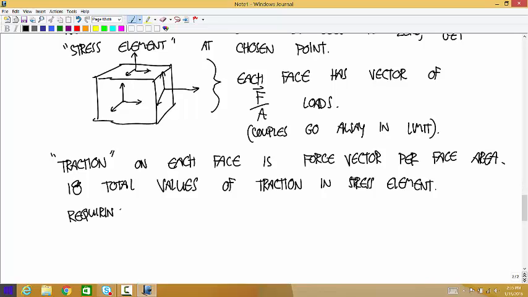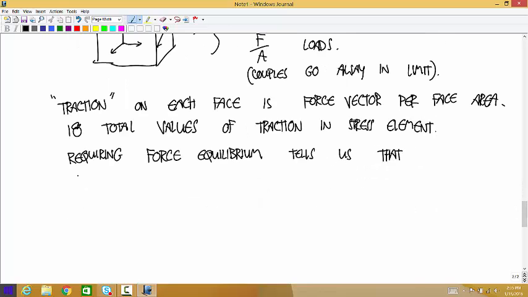So requiring force equilibrium tells us that the information on all the negative faces is redundant.